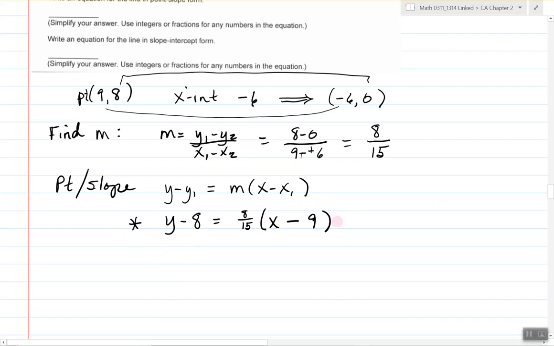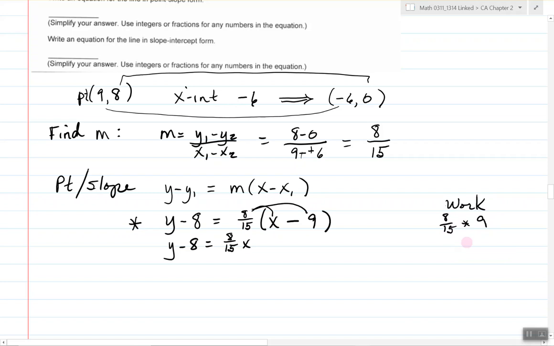Now simplify it, solving for y to get to the slope-intercept form. So I'm going to distribute. So I have y minus 8 is equal to 8/15 x. And now my work over here, I have 8/15 times 9.